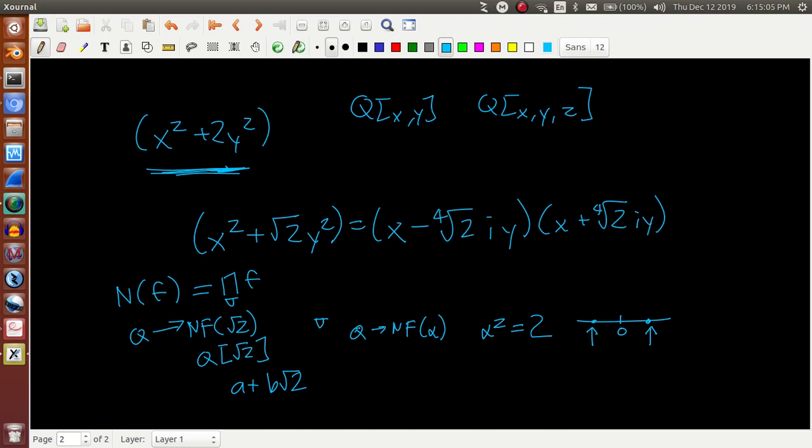And then the automorphism we're interested in is the automorphism that just swaps. Alpha goes to negative alpha and everything else stays the same. And the norm is defined as the product over all these conjugates. So in this case, I'll just go to another screen here.